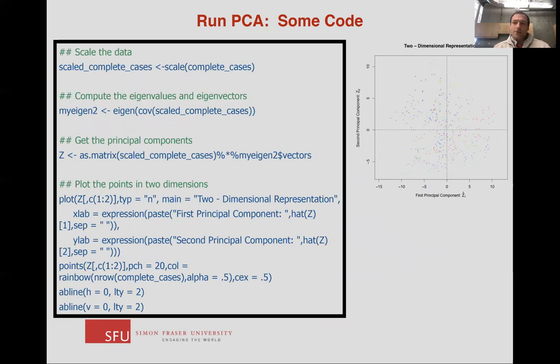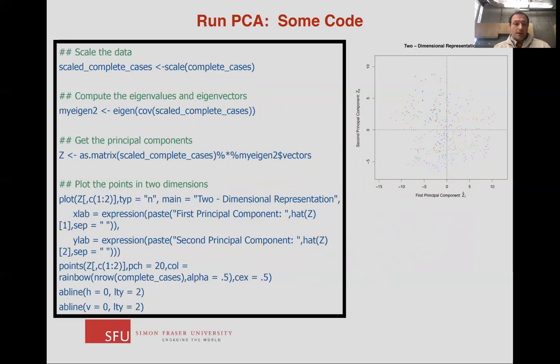I'm going to talk about standardization in a few slides, about why you might or might not do that before doing principal components analysis. So we'll just hold off on that for a second. At any rate, I've scaled the data, and then I compute the eigenvalues and eigenvectors. There's a function in R called eigen that'll do that for you.